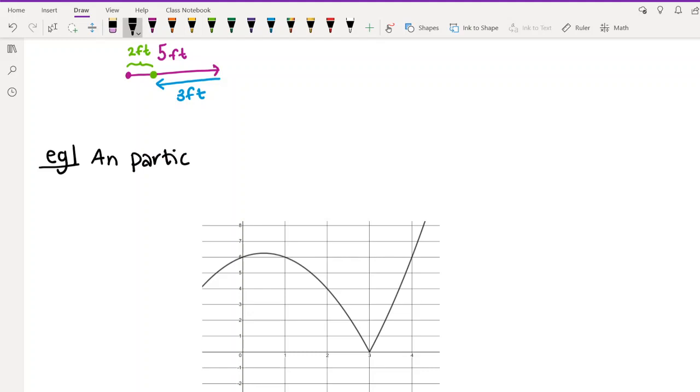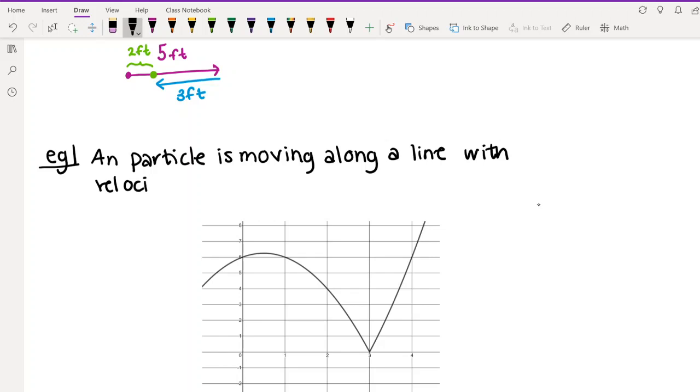A particle is moving along a line, and it has a velocity of v(t) = t^2 - t - 6.